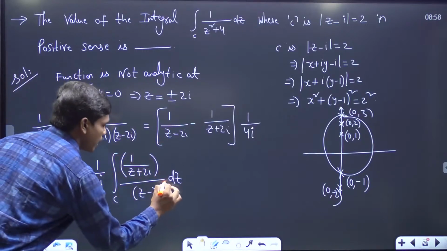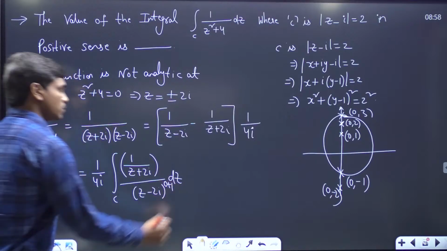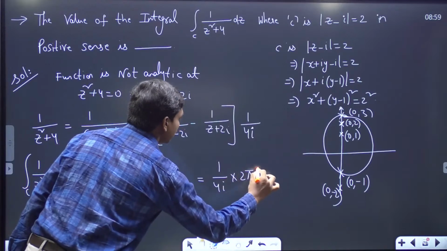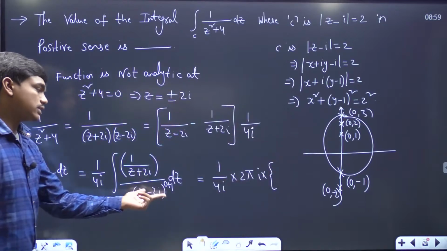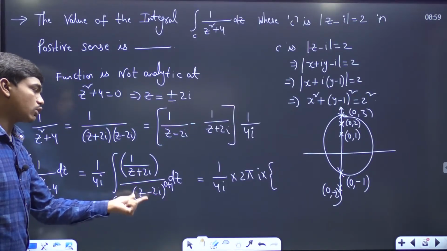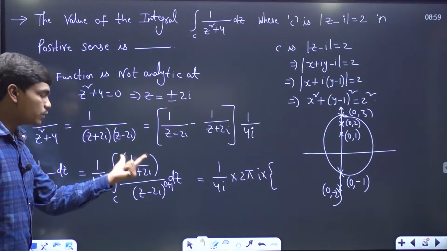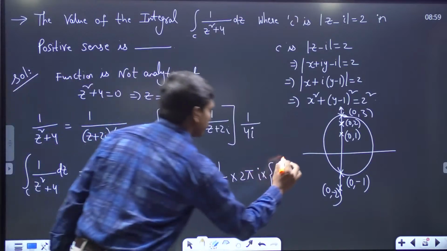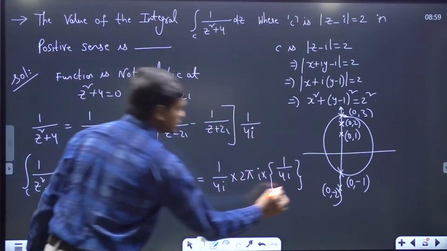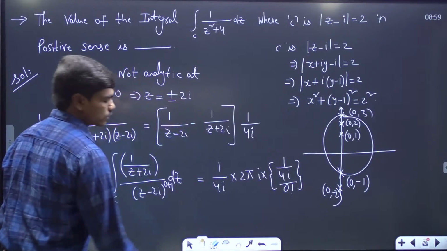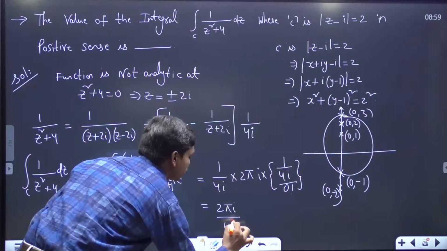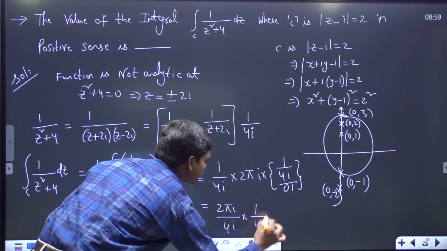Now this is having the 0 plus 1 form. So the value of this is 1 by 4i into 2 pi i into, see, z is equal to 2i is a point where this function is not differentiable. So we need to calculate this value at z is equal to 2i. 1 by 4i divided by 0 factorial, which is 1. So 2 pi i by 4i into 1 by 4i.